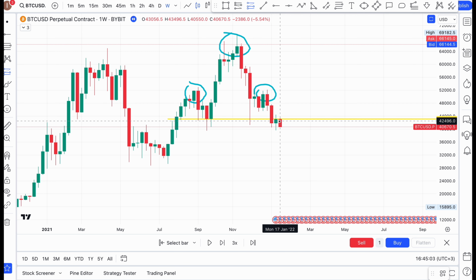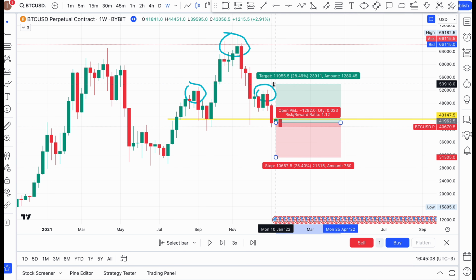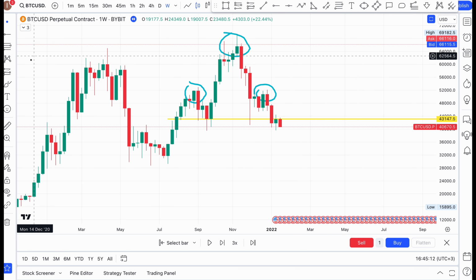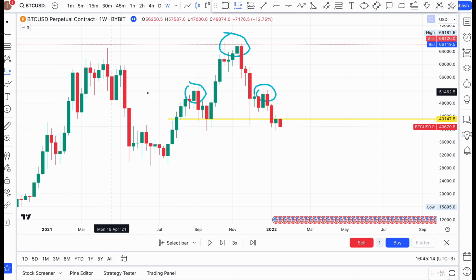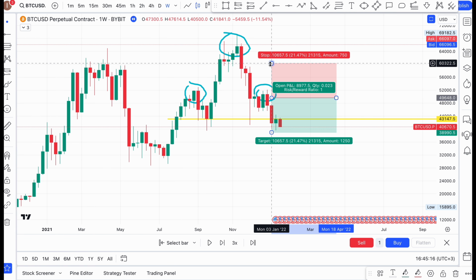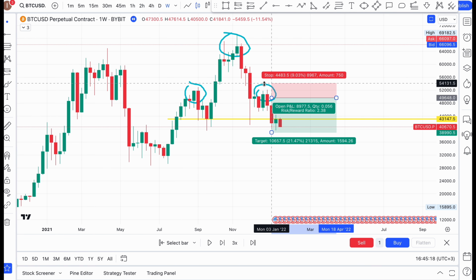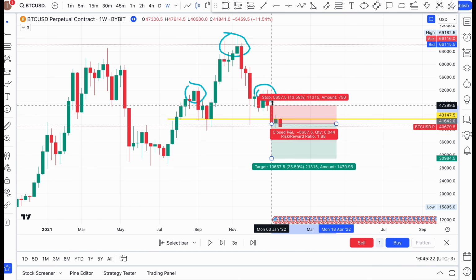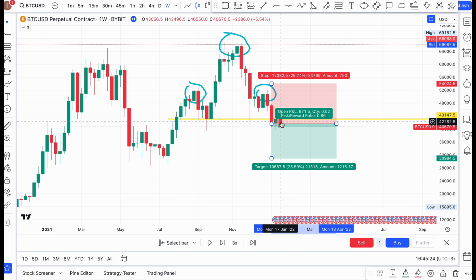We can safely enter around this side with a short position, and our stop loss, we said, will be slightly above the head. We're entering this market after we notice that a candlestick has closed, right?